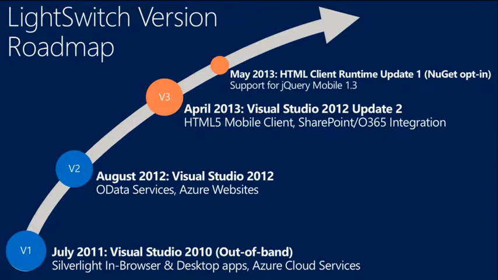Since we are basing our HTML5 client on standards, HTML, CSS, jQuery and jQuery Mobile, we have to make sure that we keep pace with the fast world of open source. Because of that, we already released a runtime update in May 2013, just like a month ago, which adds support for the then-released jQuery Mobile 1.3.